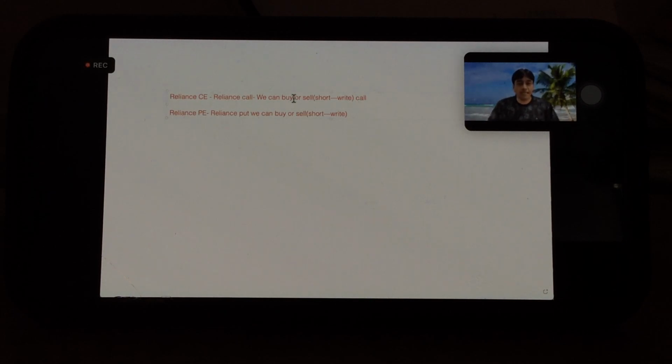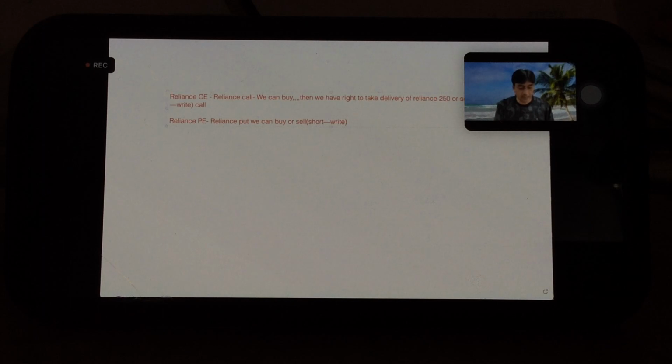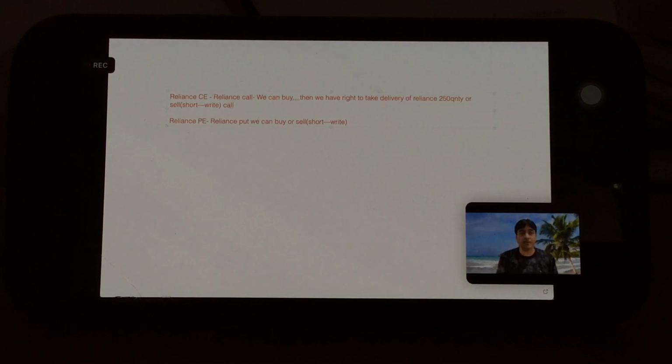So if we buy, then we have right to take delivery of Reliance 250 quantity. That is lot size. We have right, means suppose I have purchased Reliance Call, then I have right at whatever price I have purchased, that I can get the delivery of that much quantity by paying the difference amount.